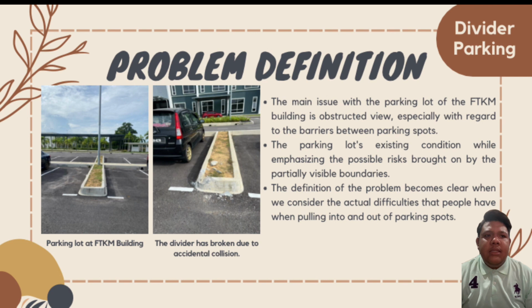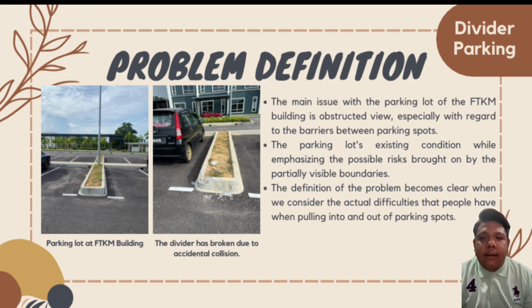For the problem definition, the main issue with the parking lot of the FTKM building is the obstructed view, especially with regard to the barriers between the parking spots. Although the separator has a useful purpose, its low visibility poses a serious safety risk, as seen in the photo, figure 1.